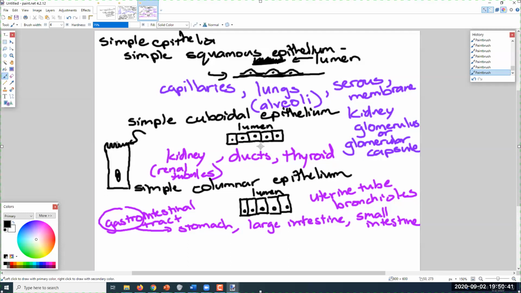And these microscopic structures will increase the surface area, so we could get even more absorption to occur here. And these structures are called the microvilli. Okay, microvilli.